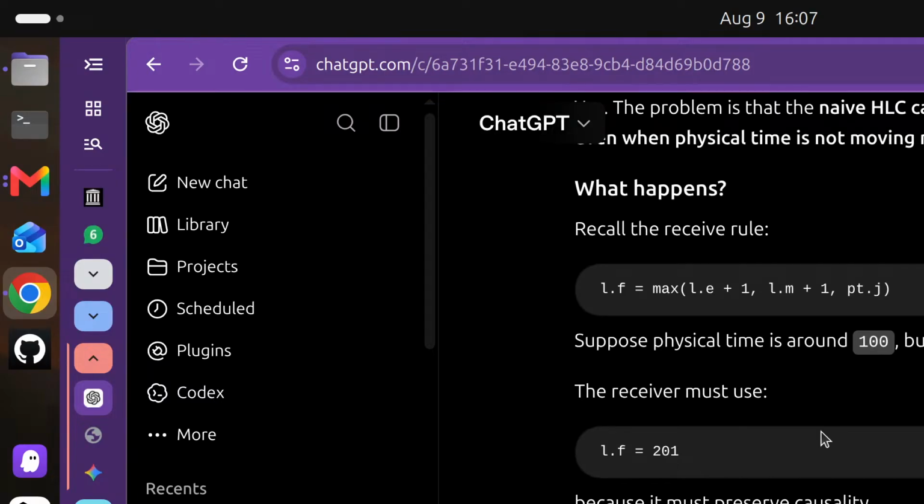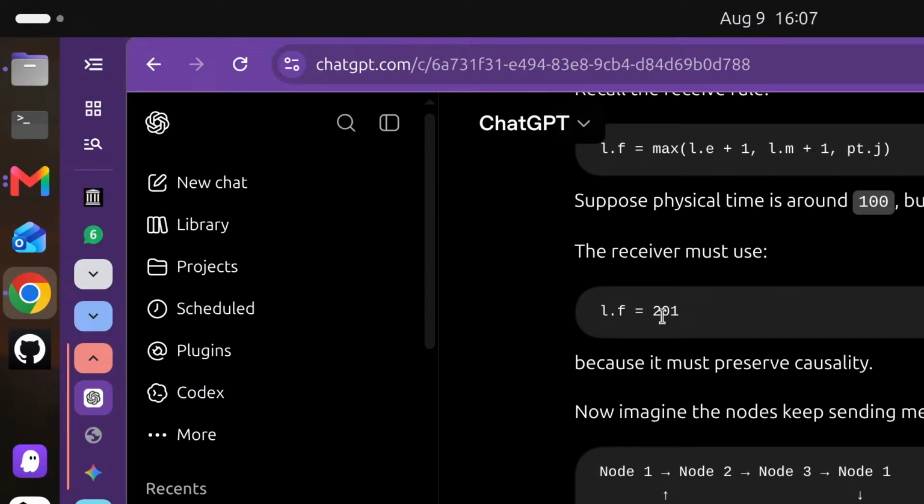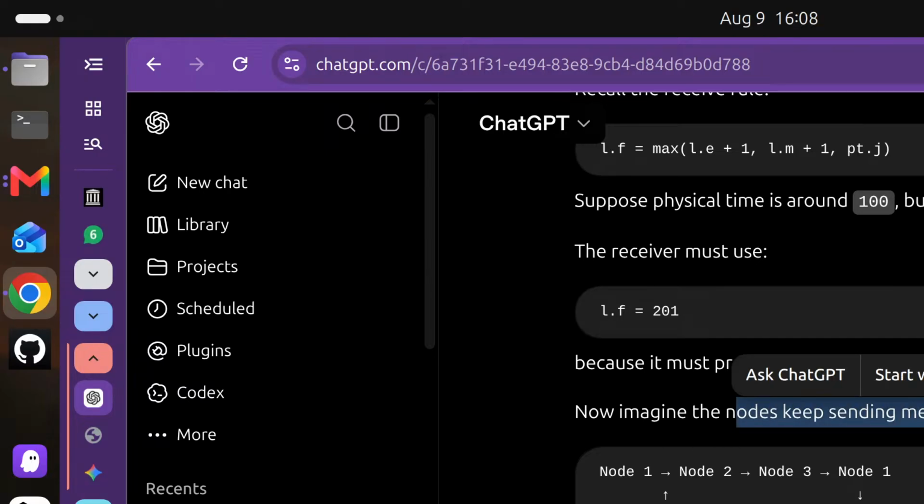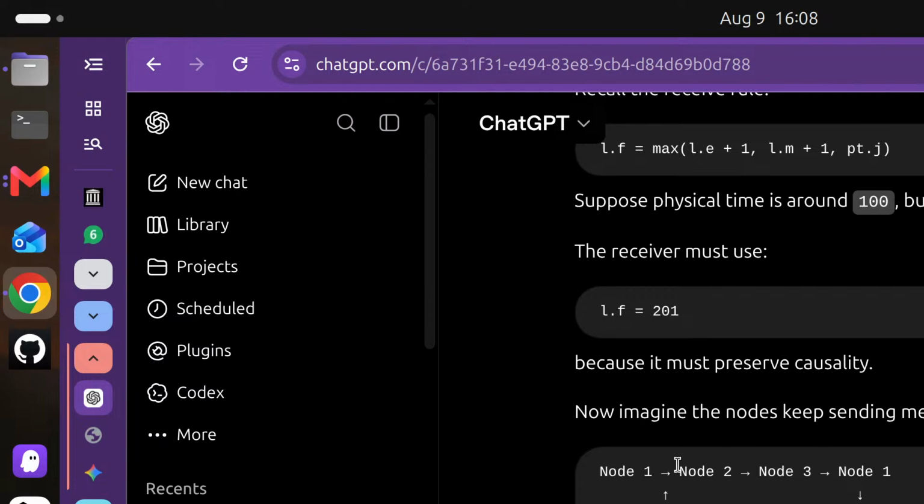Suppose physical time is around 100, but the message carries a logical time of 200. On receive this is 201. We have assigned it because it must preserve the causality, right? Now imagine the nodes keep sending messages in a loop. Node 1, node 2, node 1 and again sending to node 2.